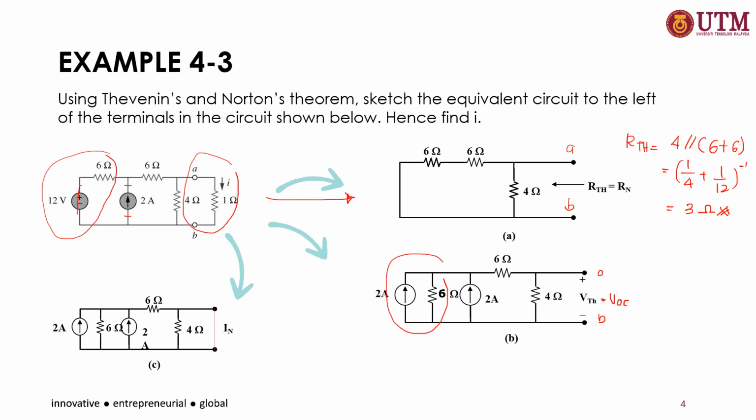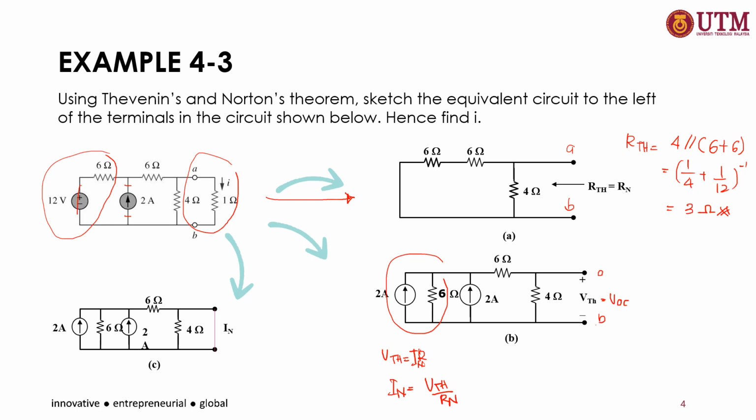From the voltage source in series with this resistor, we can change to the current source in parallel with the resistor by using VTH equal to IN times R, or if you want to find the IN, it is equivalent to VTH divided by RN.